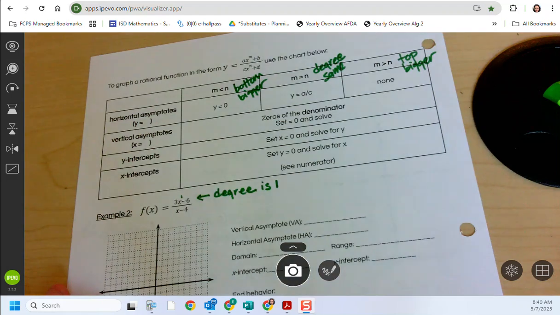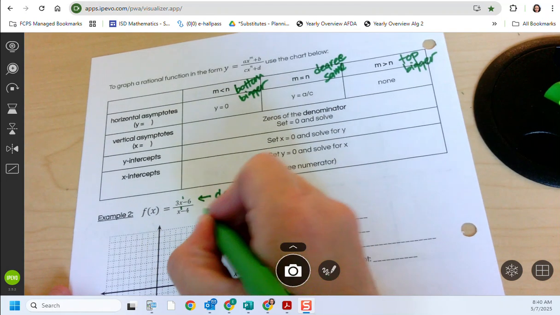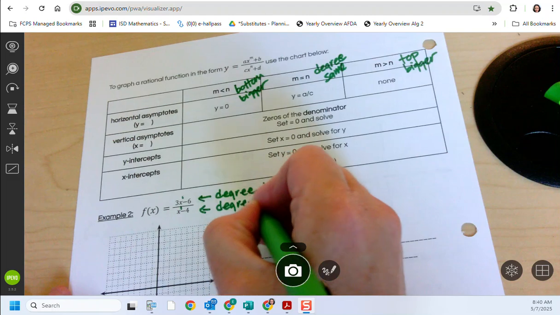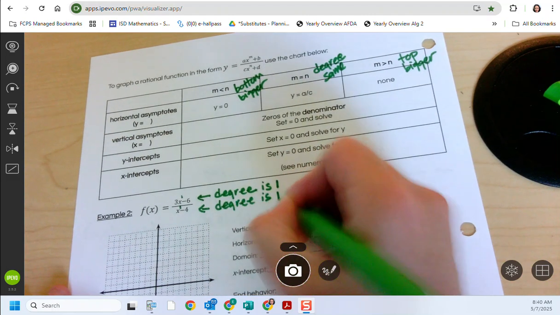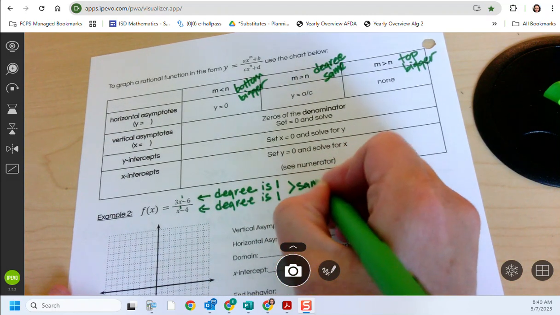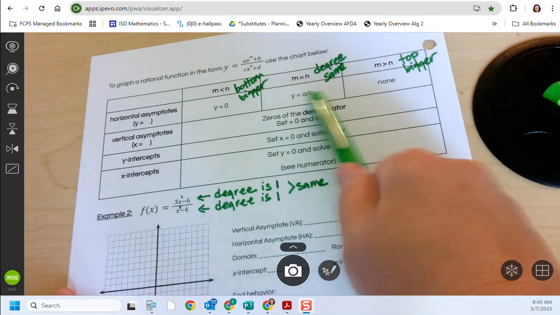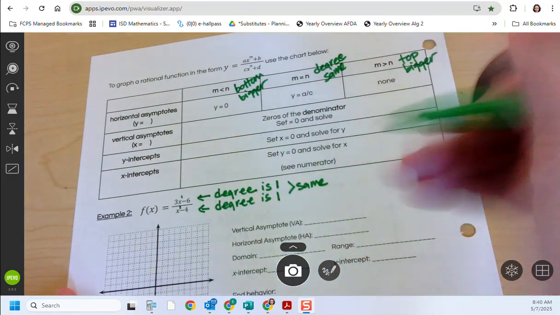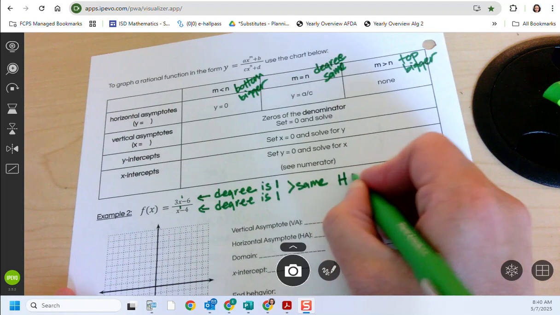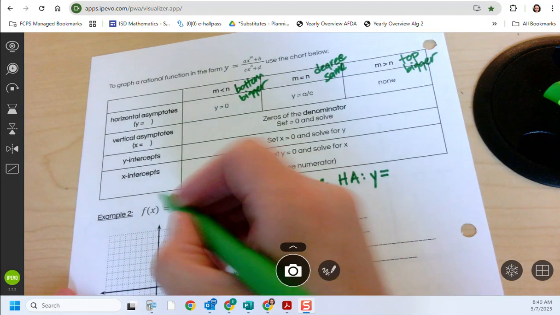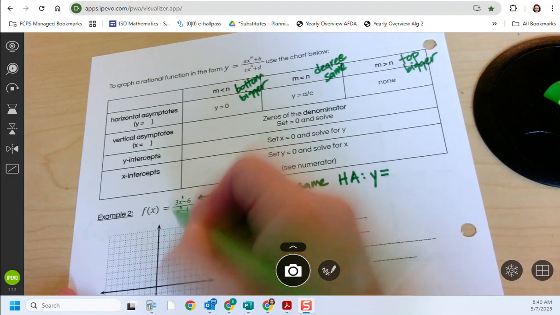It's also 1, right? This is x to the 1. Because the degree is the same, then we're going to take the ratio of the lead coefficients. Is this number over this number.